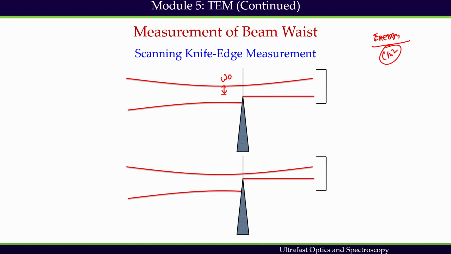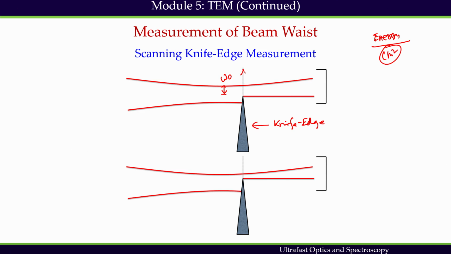Its main advantage is the simplicity and the possibility to use it for a wide range of radiation wavelengths and powers. The measurement principle is depicted here. The beam is progressively blocked by a knife edge. We take a knife edge, and we can use a razor blade for it, and we progressively block the beam.